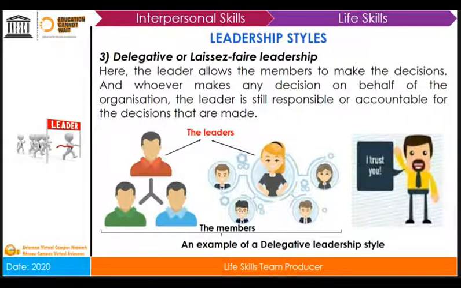Here, the leader allows the members to make the decision, and whoever makes any decision on behalf of the group, the leader still takes responsibility and is accountable for that particular decision.